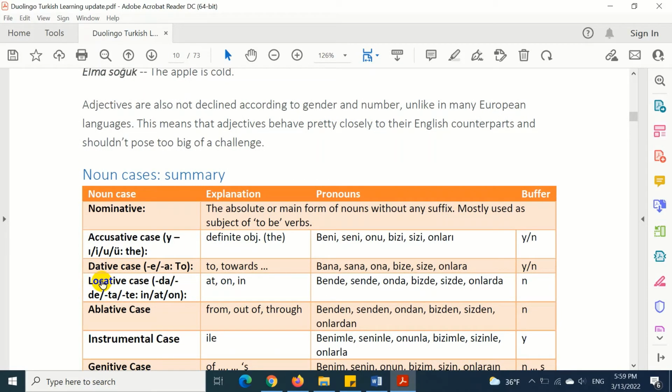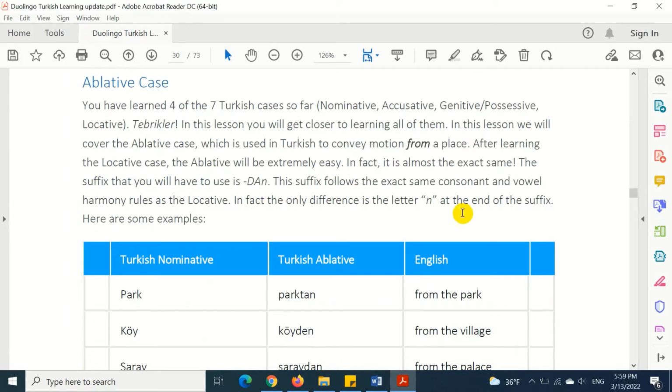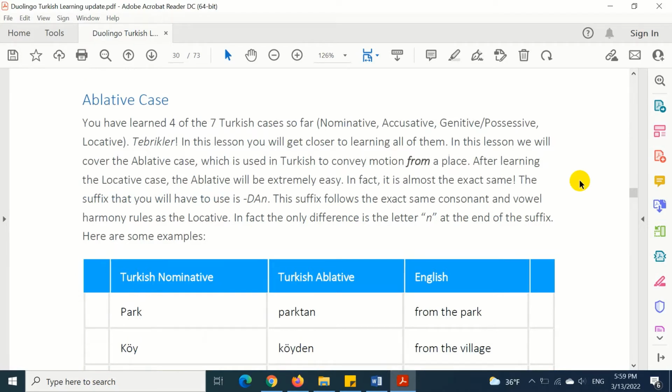Locative case also done. Now come to ablative case. Ablative case is similar to dative case.